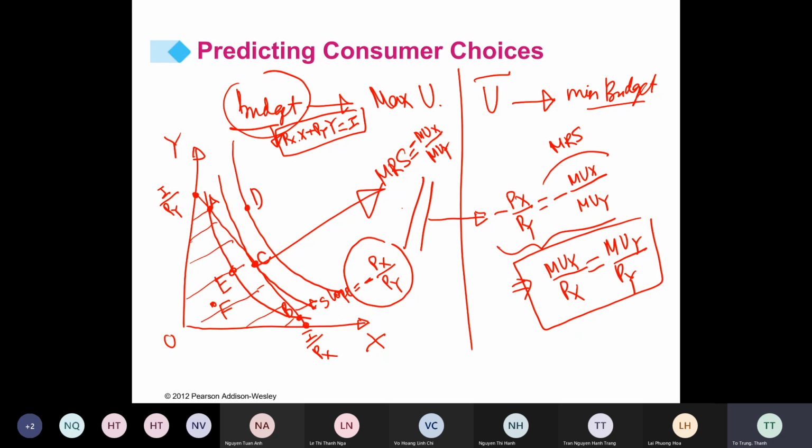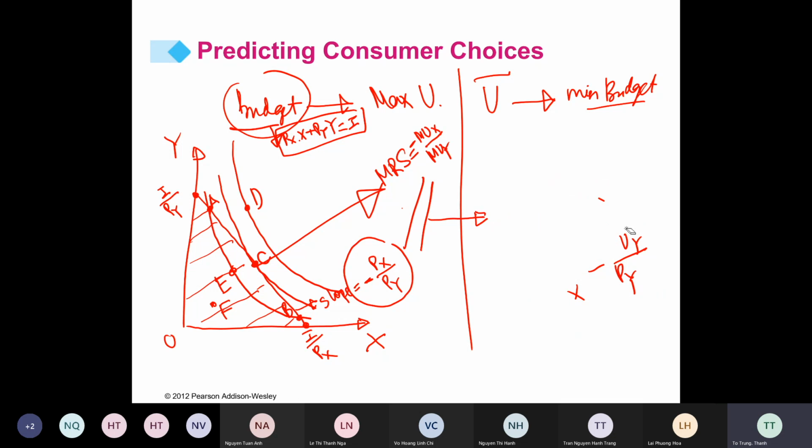Or to put it differently, I can say that the consumer will buy at the point where the marginal utility per $1 for a good is the same as for any other good. So that is the first way to find out the best consumption combination of the consumers.